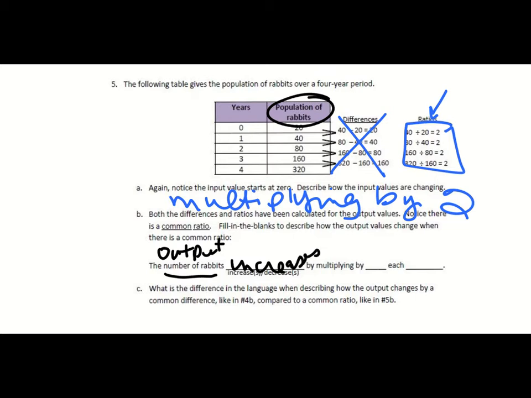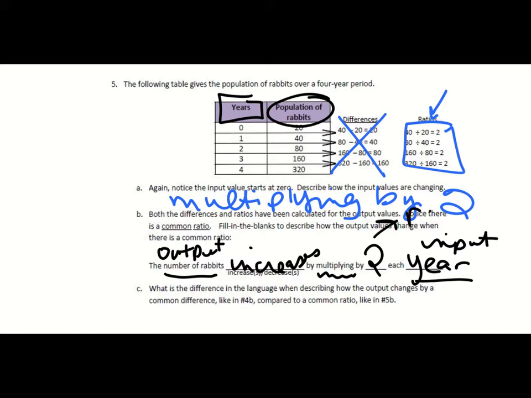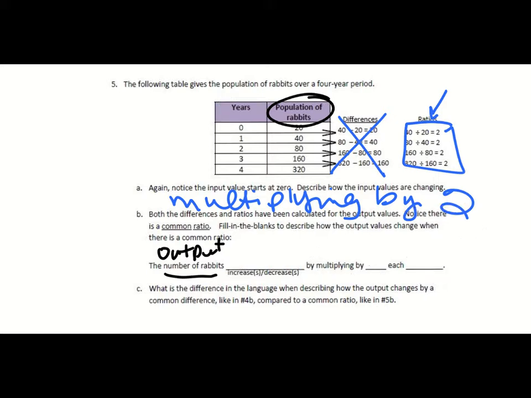But instead, you're using the word multiplying instead of adding. You're increasing by 2 each year. And that is your input. So kind of the same thing as before. You have your input, your output, but this time you're using a common ratio rather than a difference.